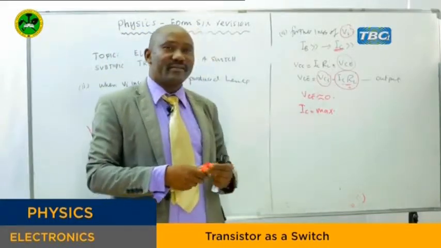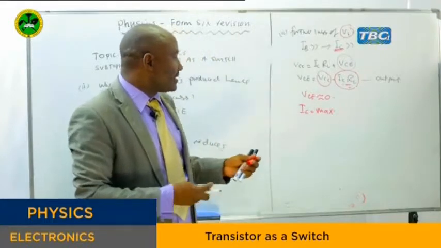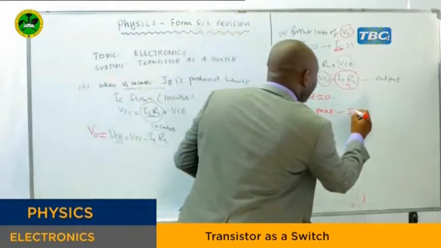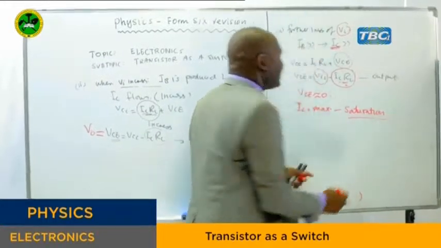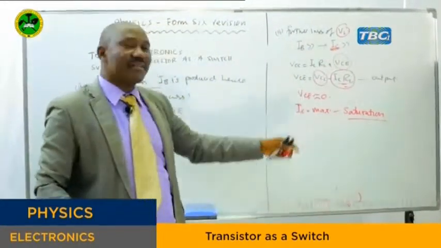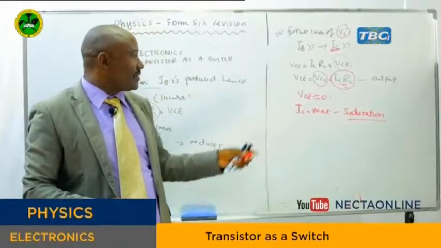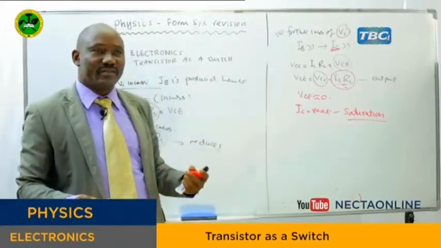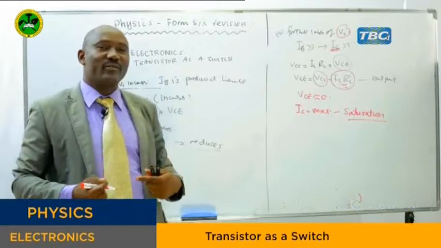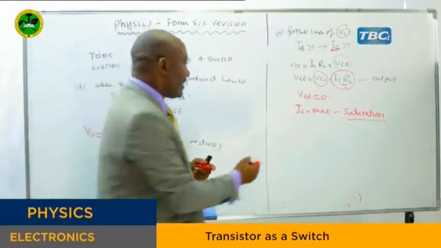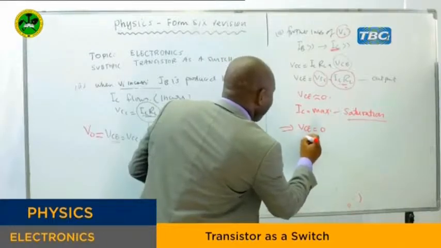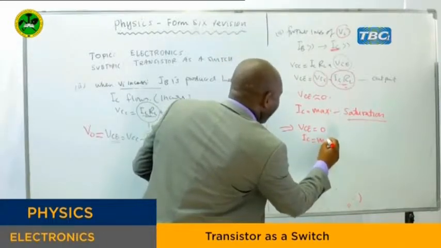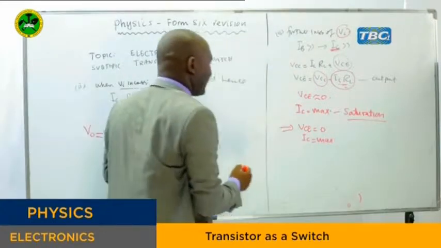So when the current is maximum, we say it is saturated. Increasing the input will never increase the maximum current. So this is the saturation of a transistor. The transistor is said to be in a saturated state. At the saturation state, VCE is equal to 0, and this current equals the maximum.